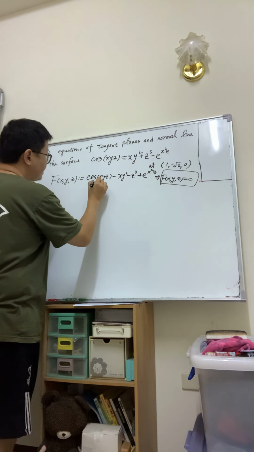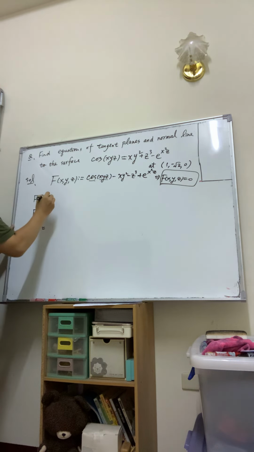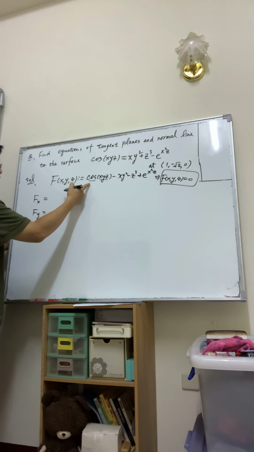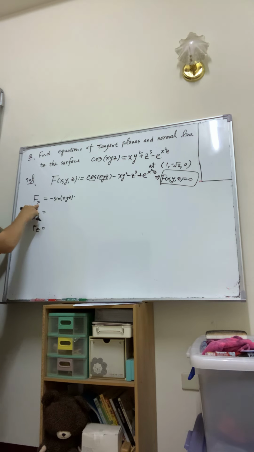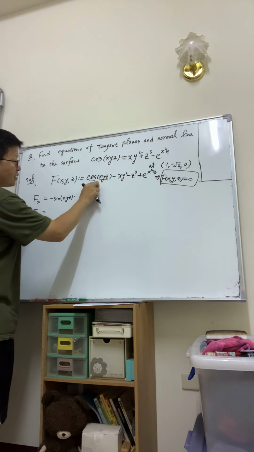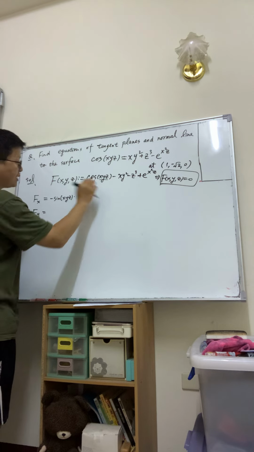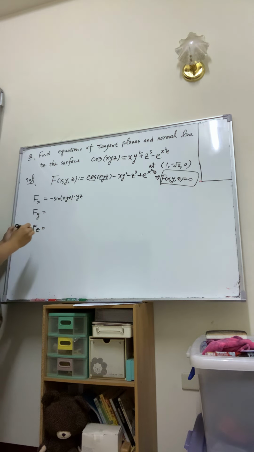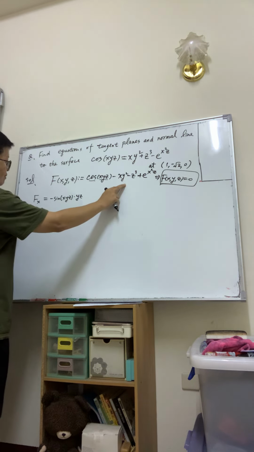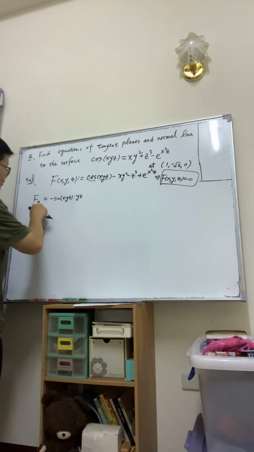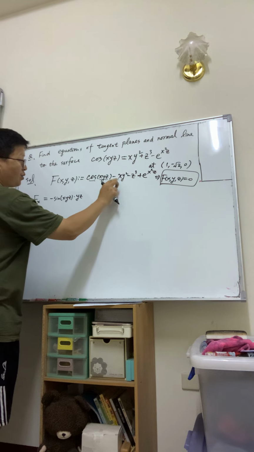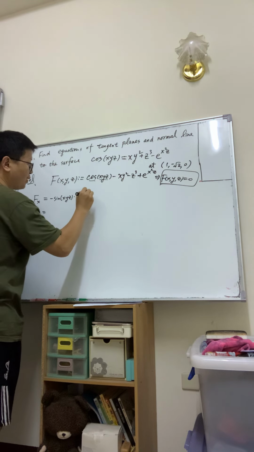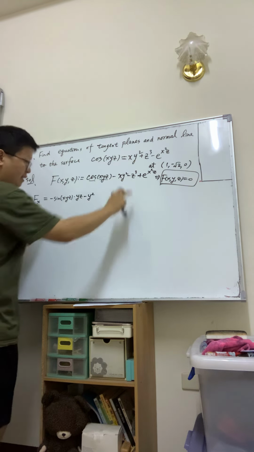So first one. The cosine function is the outside function and its derivative is the negative sine, and inside we should keep it. With respect to x, yz is constant, so keep it. Its derivative is 1 times yz, so just yz for the first term. The second term, differentiated by x, y squared is constant, so y squared times 1, so subtract y squared.